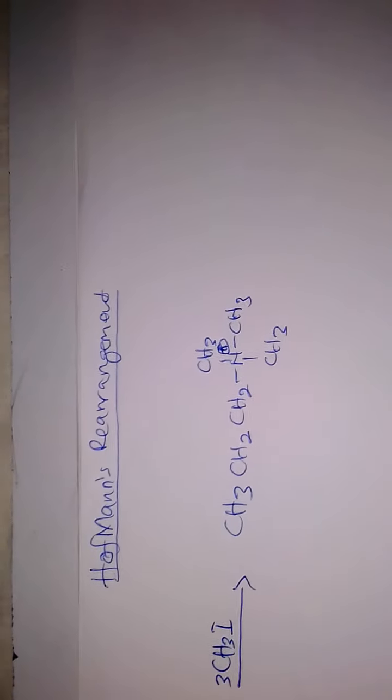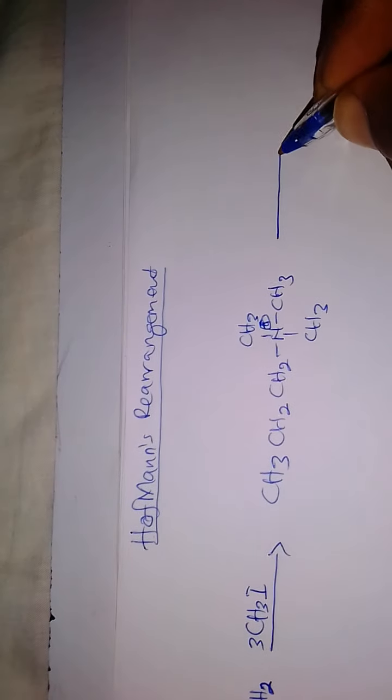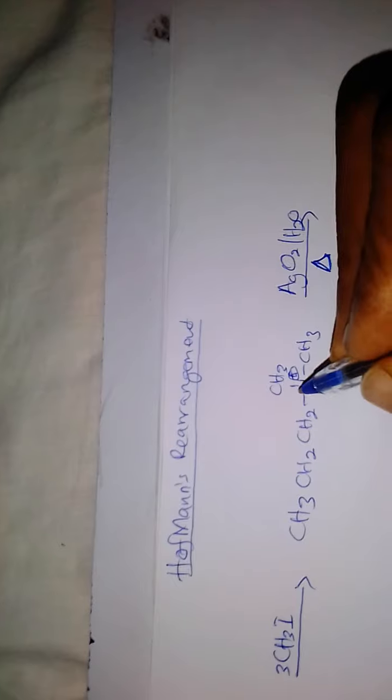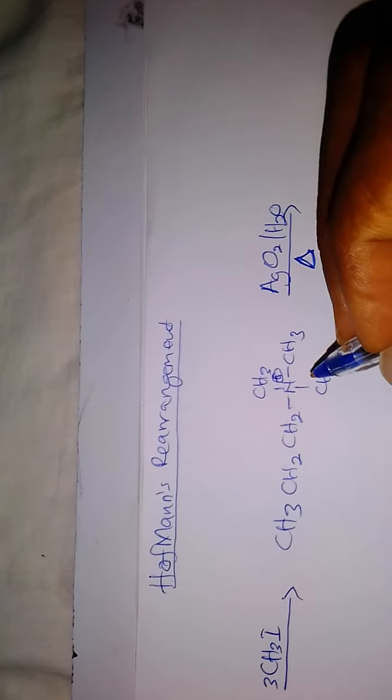When you get here, Hofmann's rearrangement elimination reaction is saying that when you have an ammonium ion and you add silver oxide in water, followed by heating, there is going to be an E2 elimination reaction where this terminal ammonium will clip off so that we generate a double bond between this carbon and this carbon.